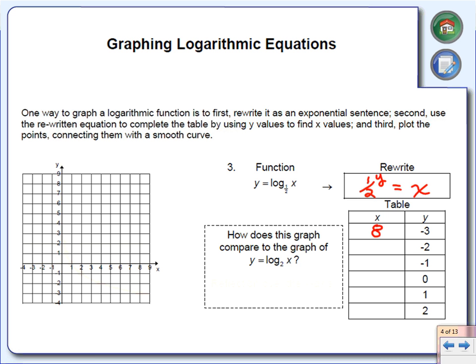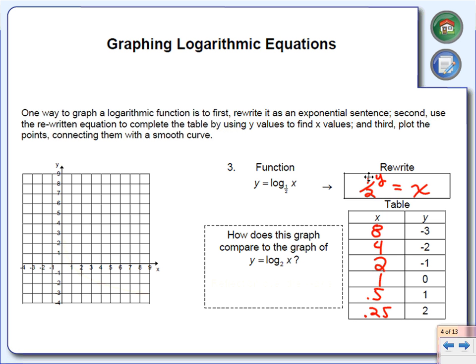Now let's figure out what 1/2 to the negative 2 power is. 1/2 to the negative 2 power is 4. 1/2 to the negative 1 power would be a 2. 1/2 to the 0 power is 1. 1/2 to the first power is 1/2. And 1/2 to the second power, or 1/2 squared, is 1/4, or 0.25. Same thing.